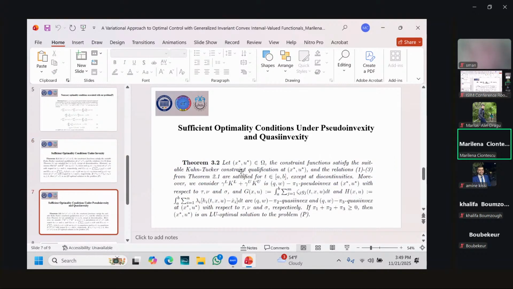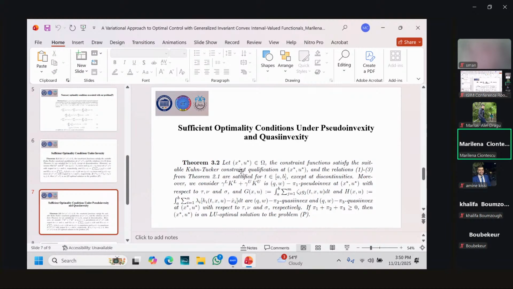The second theorem is similar to this, but is under the assumption of pseudo-convexity and quasi-convexity. So we have a feasible solution for our problem, the same, the constraint function satisfying the Kuhn-Tucker constraint qualification at this point.